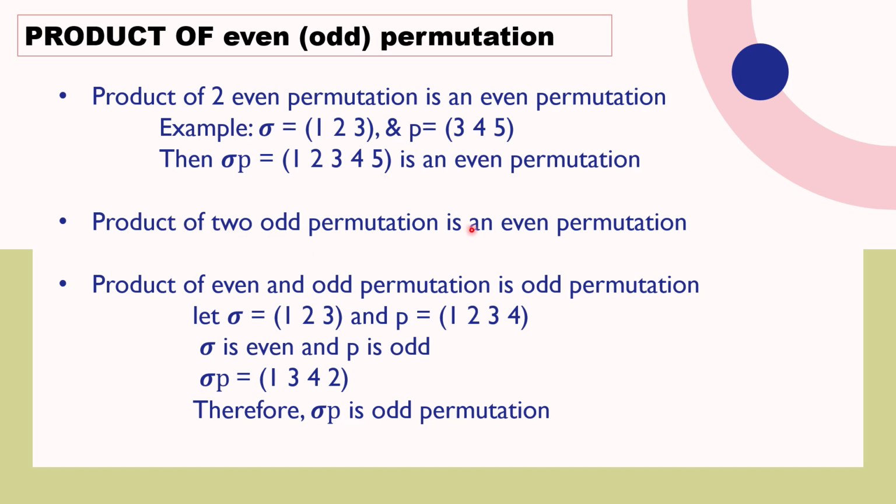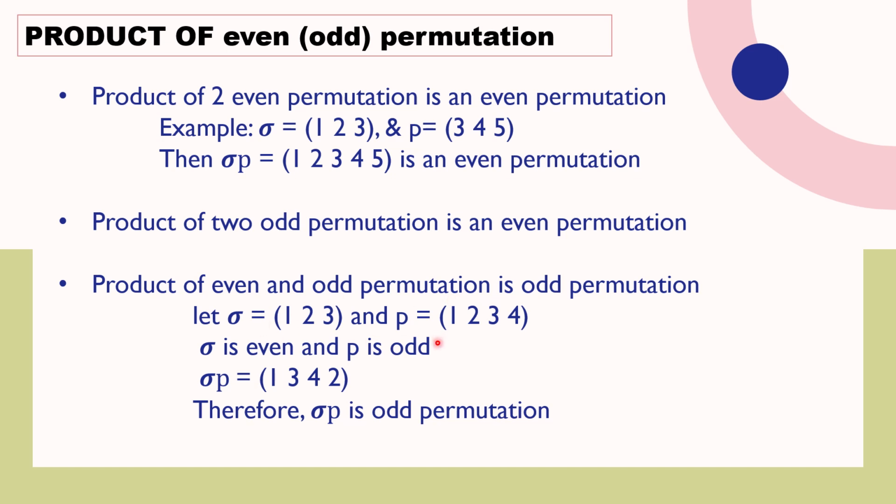Product of two odd permutations is again an even permutation. So if you have two odd permutations, the cycle will be even. If you have two odd permutations, you will get an even permutation. Take two odd permutations, perform the function, and you will be able to understand it clearly. Product of an even and an odd permutation is an odd permutation. This is the condition where you get an odd permutation as an outcome, only when one cycle is even and another cycle is odd.